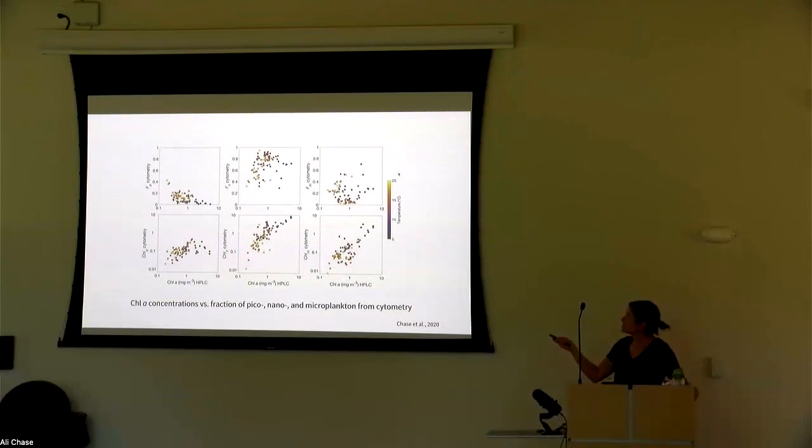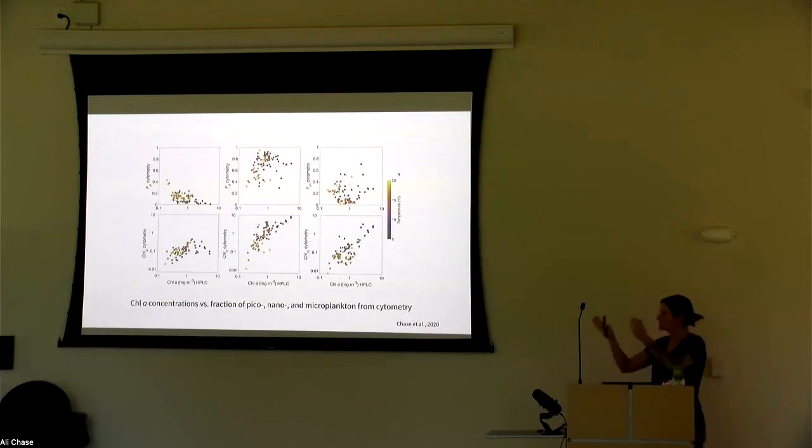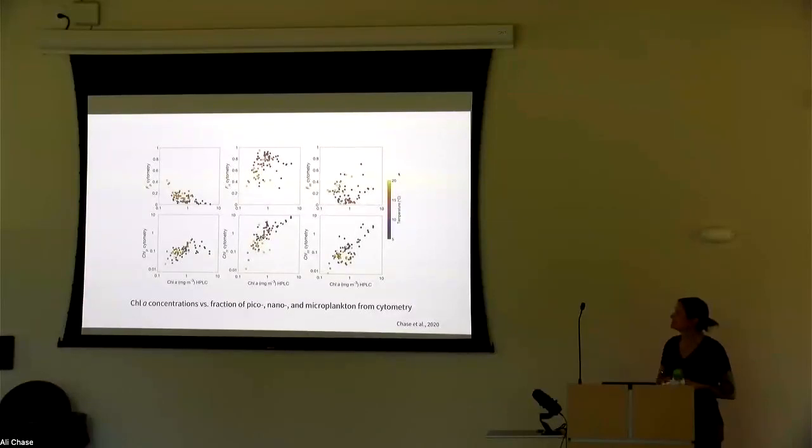These relationships, when we use cytometry data rather than pigments, are, for this data set anyway, more variable. And so that is indicating to us that using pigments and assigning them to size classes might have limitations in how accurate that is.